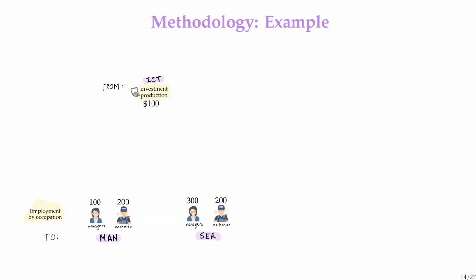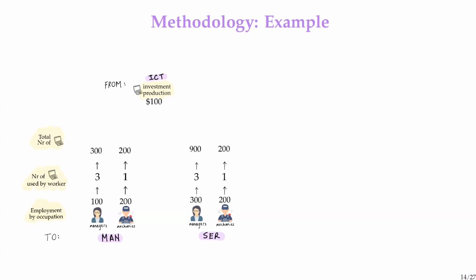Let's now consider how much ICT equipment each occupation uses on the job. Say each manager uses 3 computers to work, but each mechanic uses only 1 computer, and this is the same for manufacturing and for services.